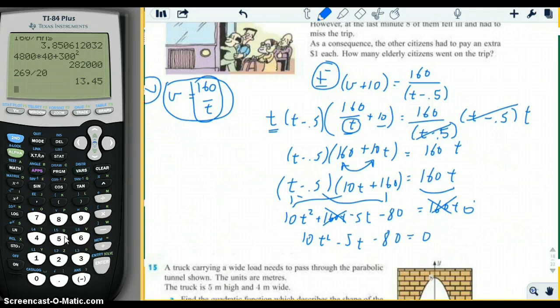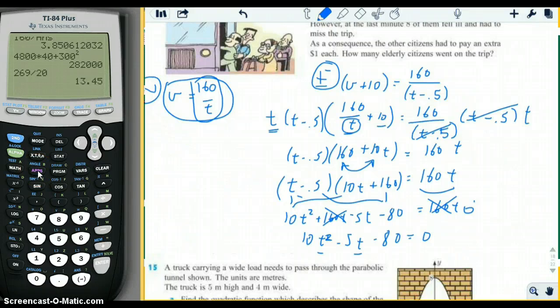And if we find the solutions, what t makes this equal to 0, then we're going to find the time that the normal train takes to go 160 kilometers. You would just use the quadratic formula to find this.